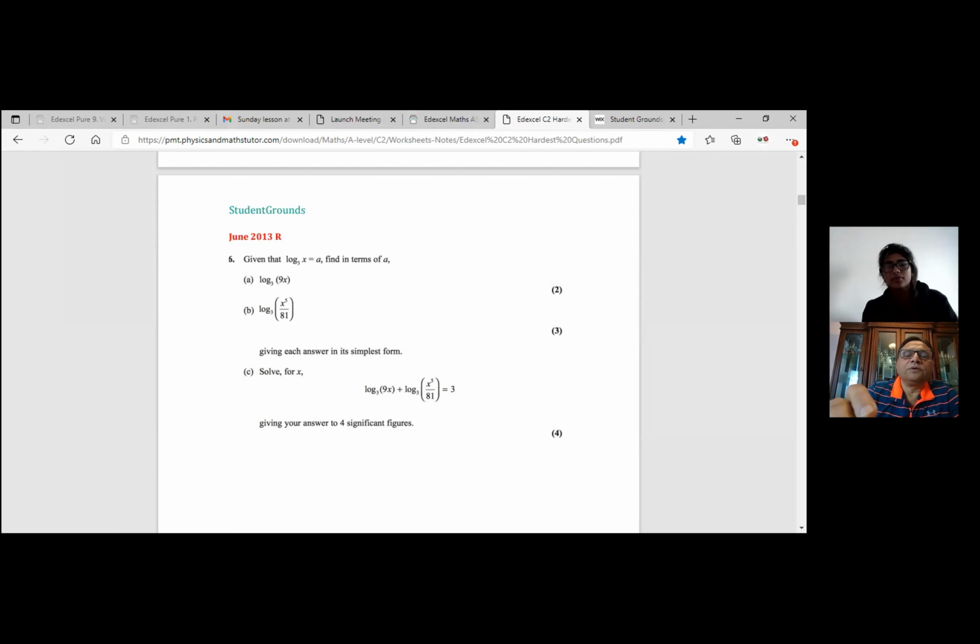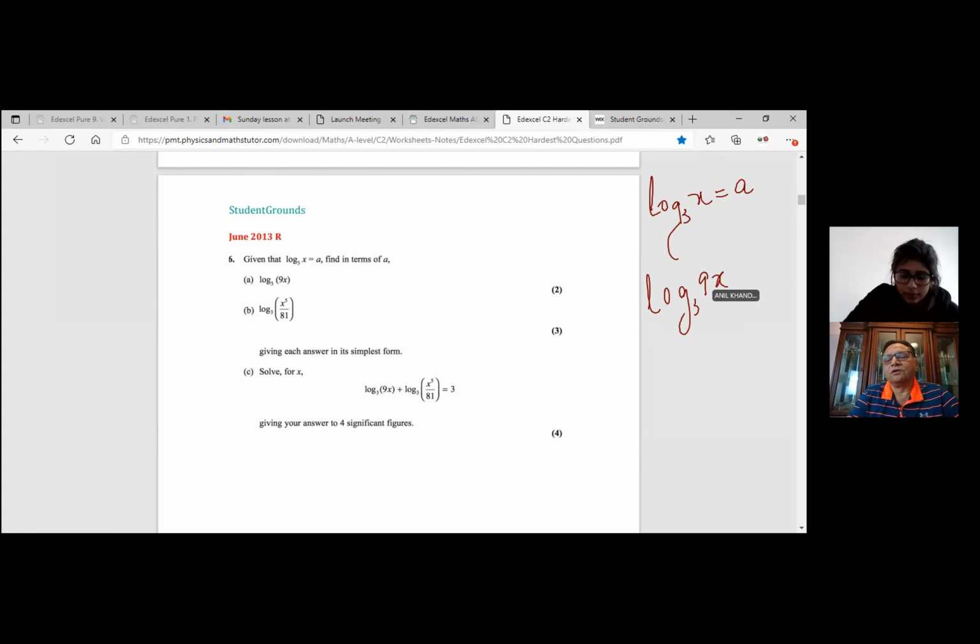So let's try to do it. You are given that log to the base 3 of x is equal to a, right? This is given to you. Find in terms of a what is log to the base 3 of 9x, right?